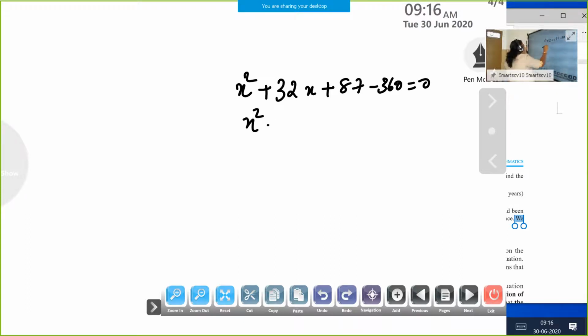That is x square plus 32x minus 360 minus 87 is equal to 0.